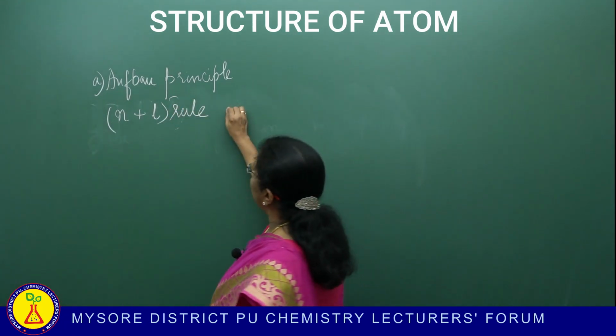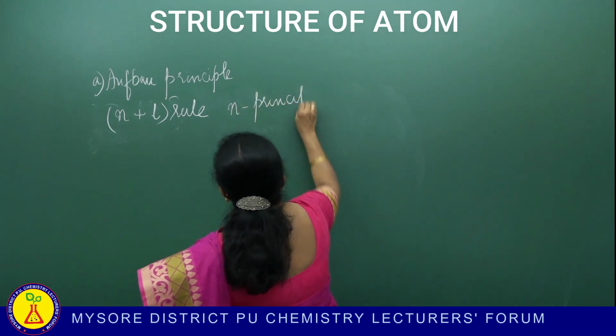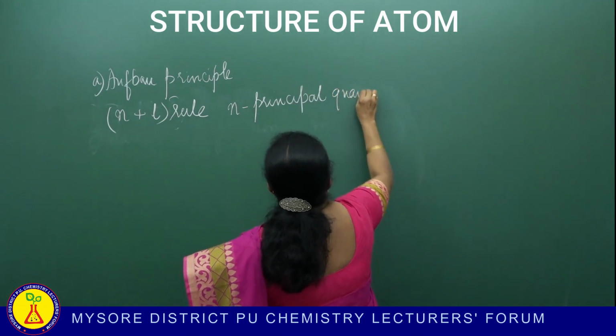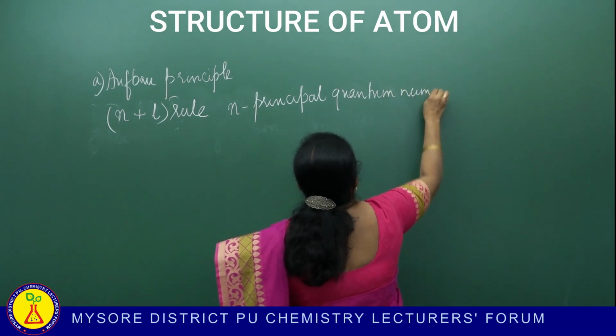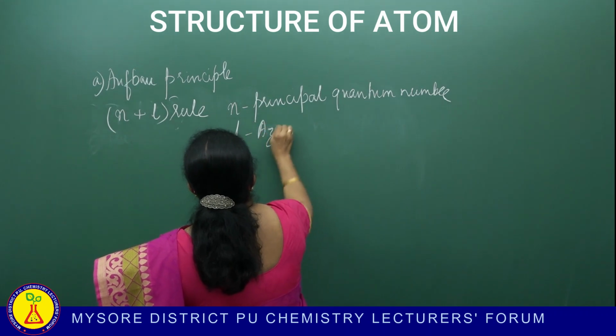So here n is the principal quantum number, and L is the azimuthal quantum number.